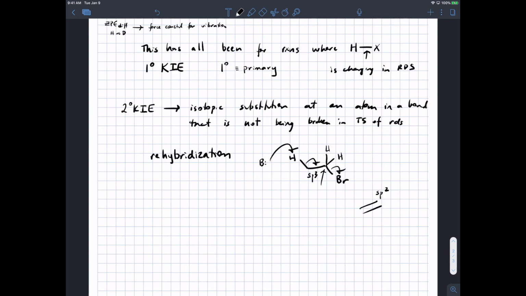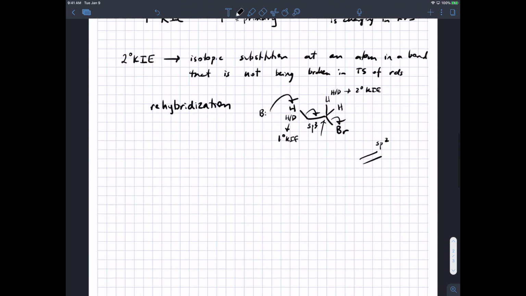Now, if we did isotopic substitution there, we might expect to see a primary kinetic isotope effect. If we did isotopic substitution at the alpha carbon relative to the heteroatom, we would expect to see maybe a secondary kinetic isotope effect. So let me show you how this might happen.